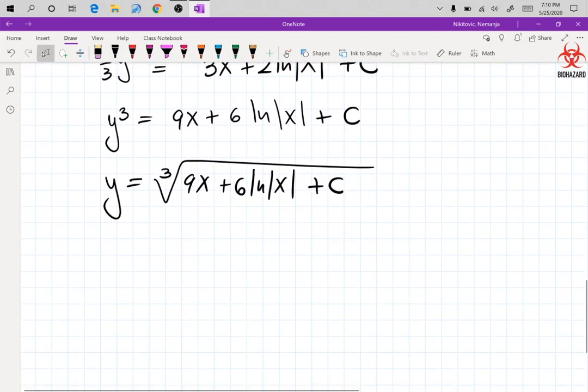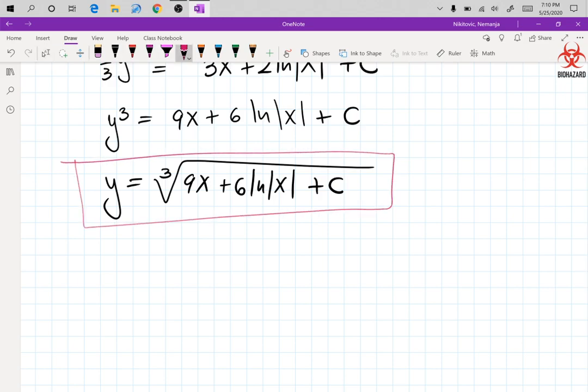Now, the solution is explicit because I was able to write y equals everything else. So it's an explicit solution. Also, these solutions are known as general solutions.